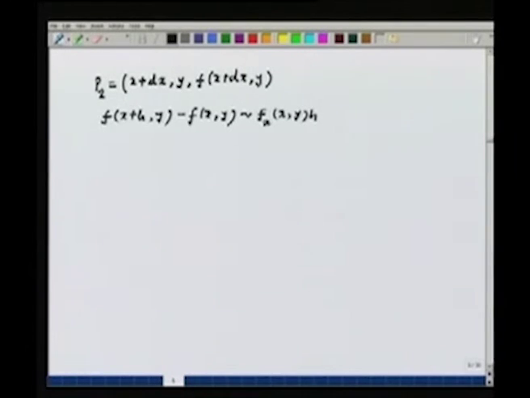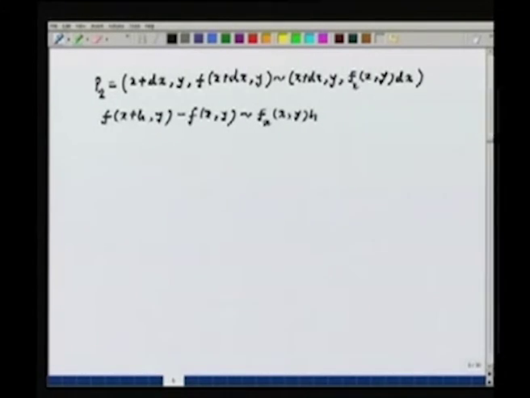Now if I use this, then this P2 turns out to be equal to (x plus dx, y, then fx at (x, y) dx). I am using the fact that f of (x plus h, y) minus f(x, y) is approximately equal to fx(x, y) h, where fx stands for the partial derivative.